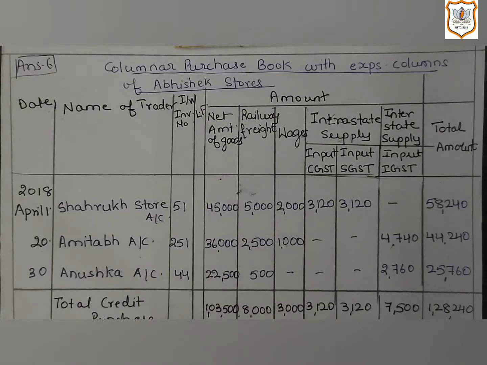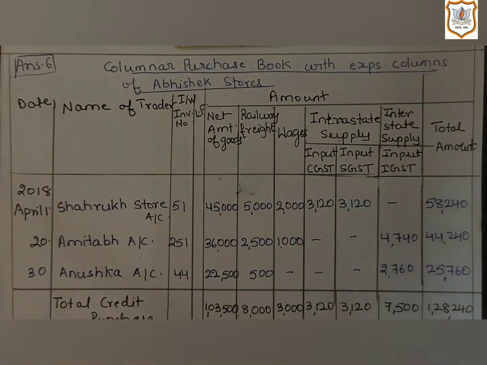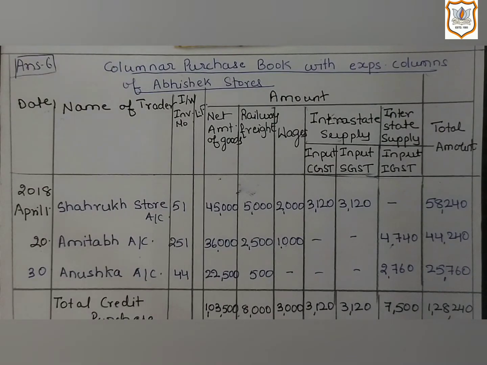Now let's move to next transaction, date 25th. A machine of rupees 35,000 is purchased from Pooja on credit of 1 month. Transportation, labor of rupees 2,000 is paid in cash. See, though it is a credit transaction, still we will not record it in purchase book, as it is the case of purchase of asset.